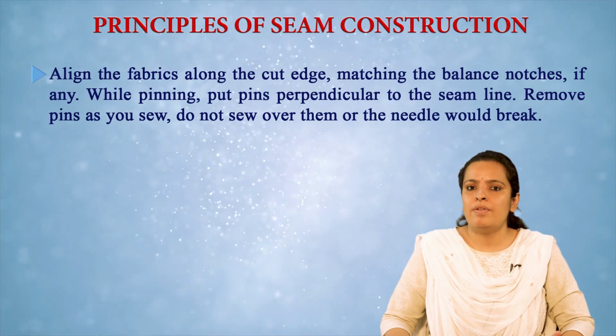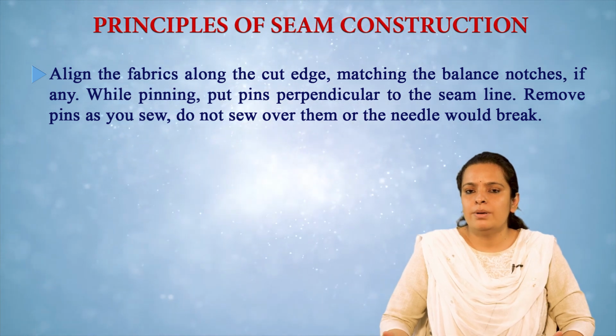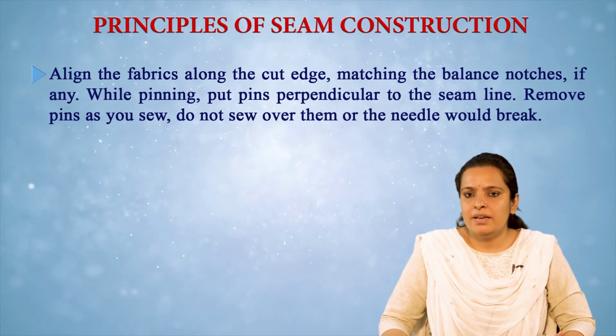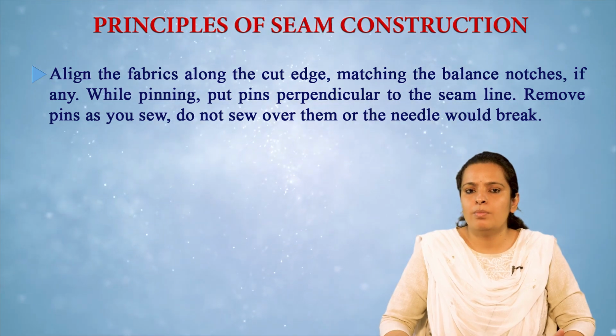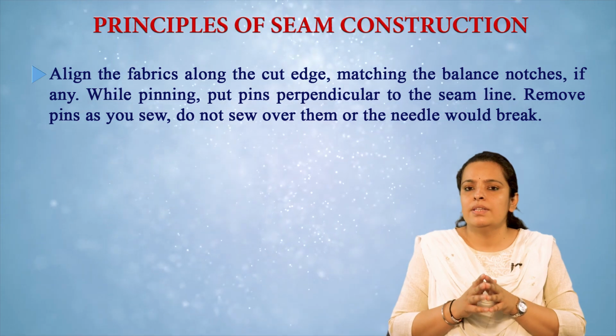What are the basic principles we should follow when we go for developing any seam or we are constructing a seam on a garment. So first of all, we should align the fabrics along the cut edges. Like if we have developed a pattern and we have cut the fabric, we should align all the fabrics along with the cut edges.